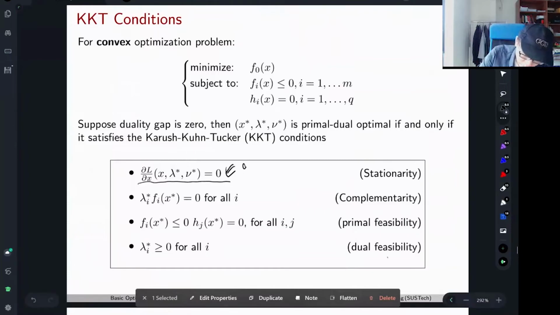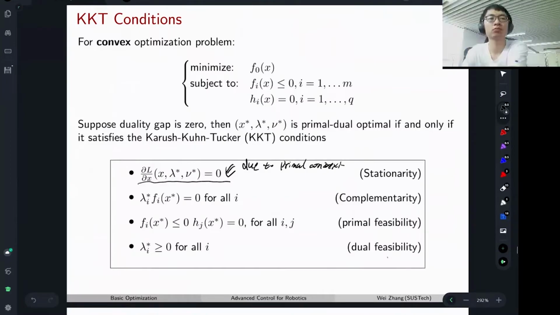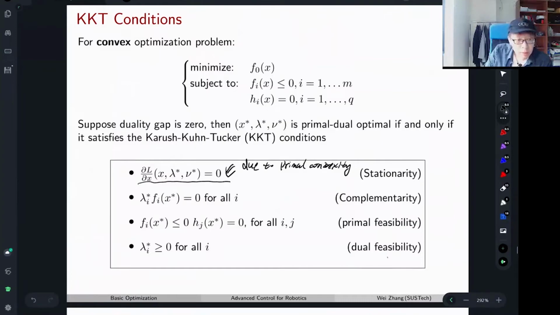This is due to primal convexity. The primal problem is convex, so for the primal optimal, you need to find the global optimal solution of the Lagrangian, and the first order condition gives you that.